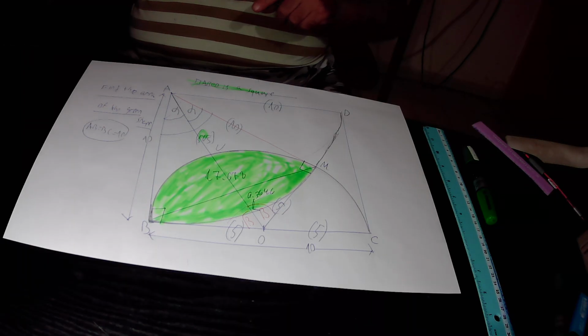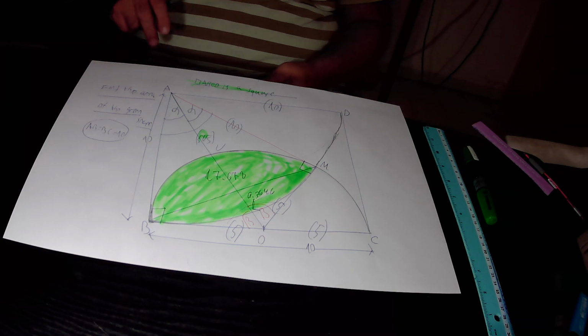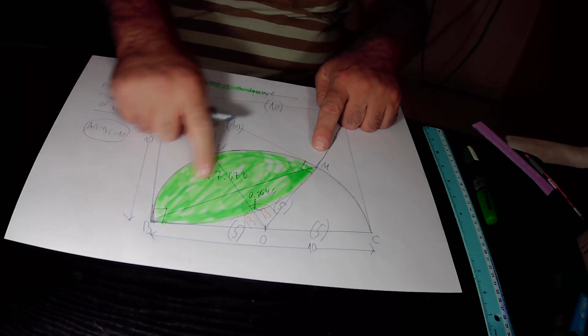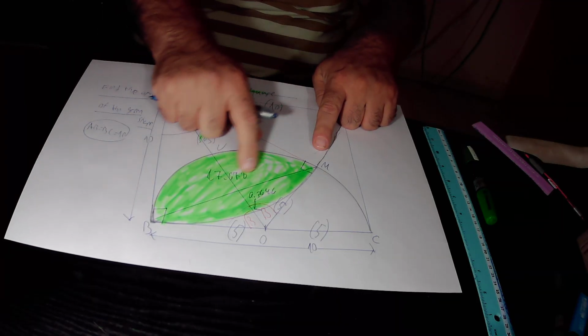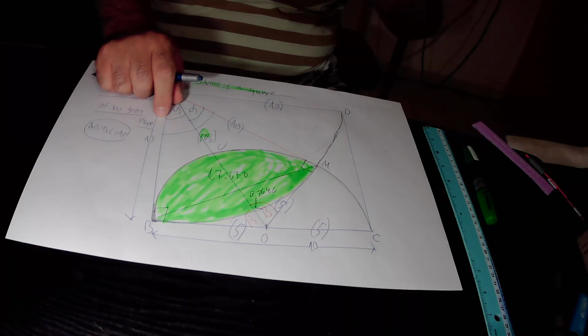Our task is to find the area of this grain shape. In order to find the area of this grain shape, we join points M and B together by a straight line. By joining points M and B, we divided the grain shape into two parts.